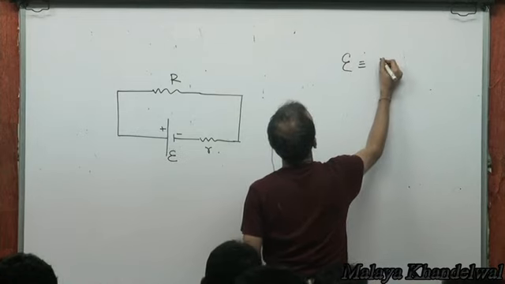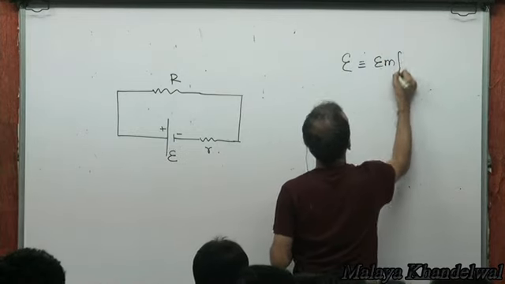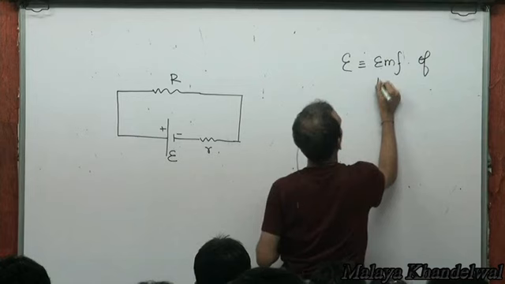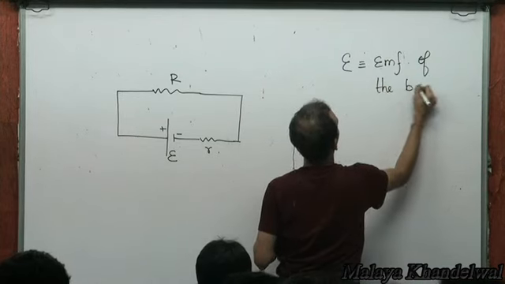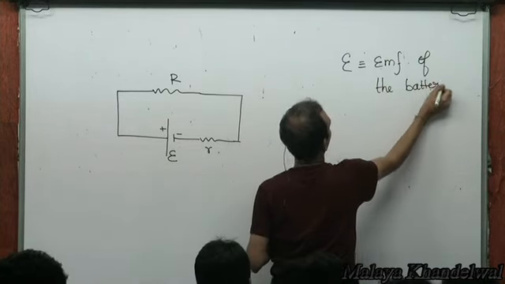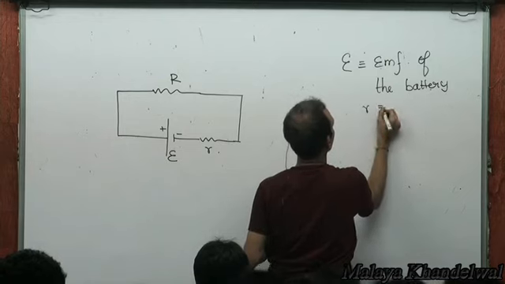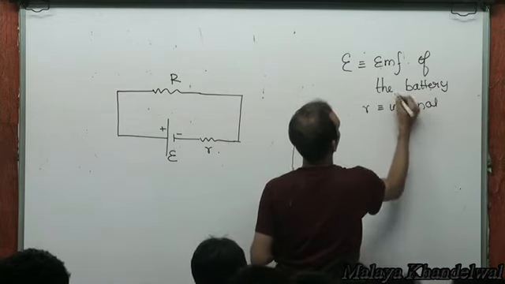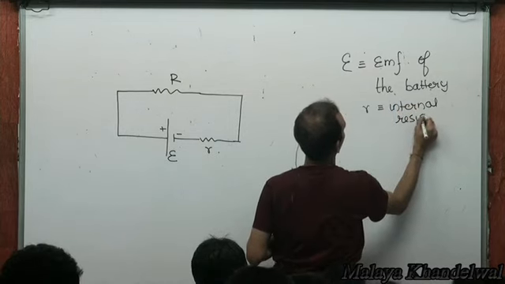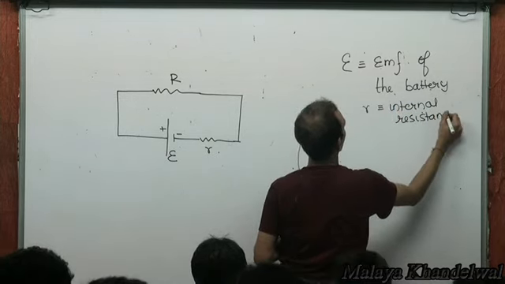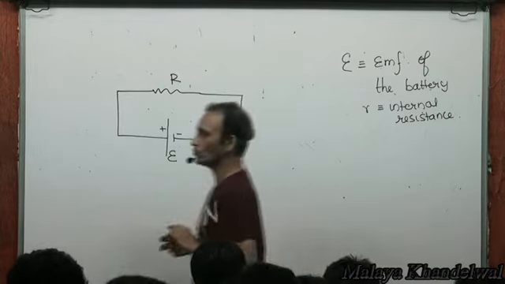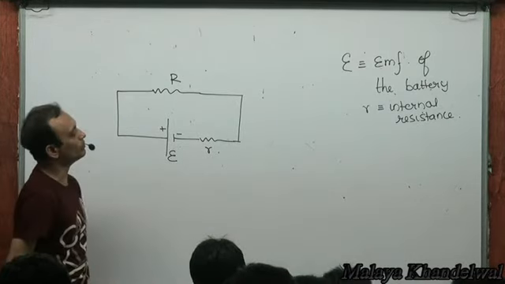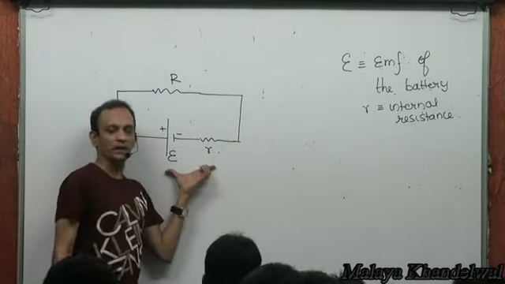Epsilon is the EMF of the battery, and r is the internal resistance of the battery. And you can't do much about this.